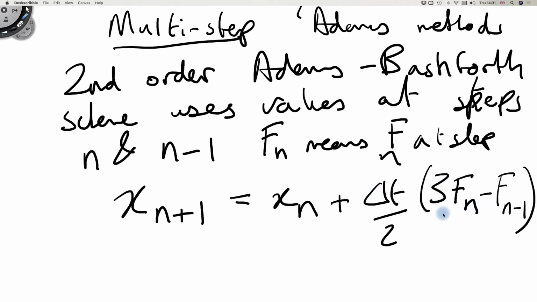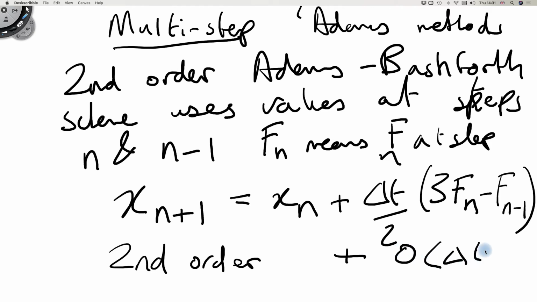And this is second order. So that means that, don't forget we have to divide through by delta t to get (x_{n+1} minus x_n) over delta t, we have an order delta t cubed term on here. So this is a very attractive scheme if you've got the ability of storing the function at previous steps.